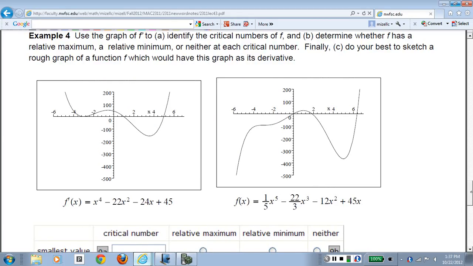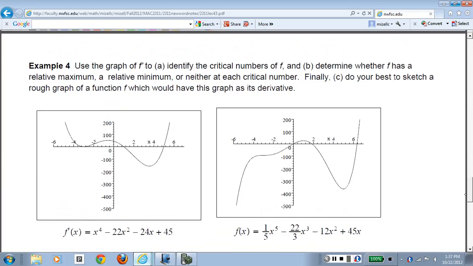This problem is maybe the trickiest one we'll have on a test all semester. Something like this. Because the problem asks you a question about the function f, but it doesn't give you a picture of the function f.